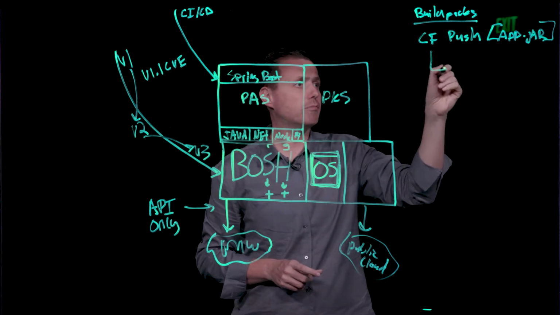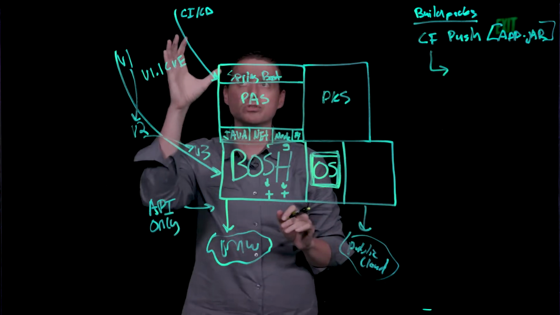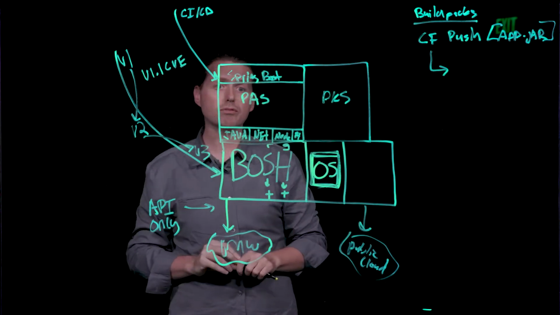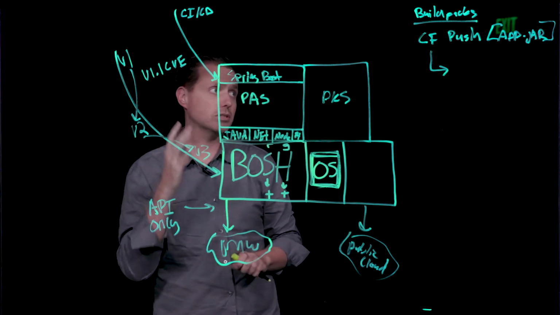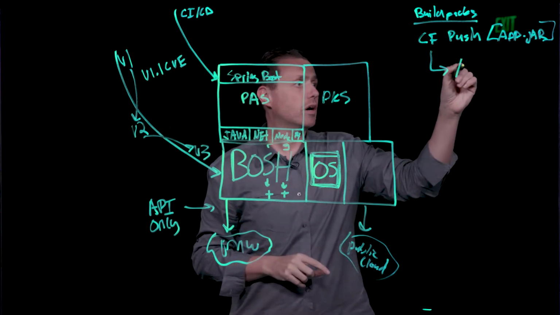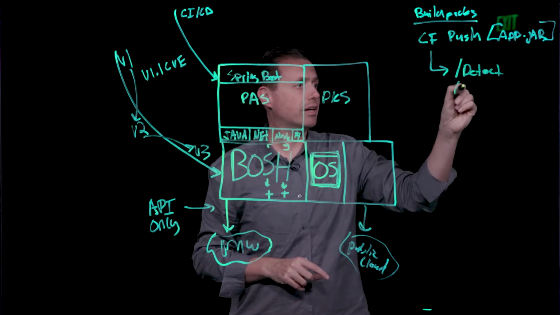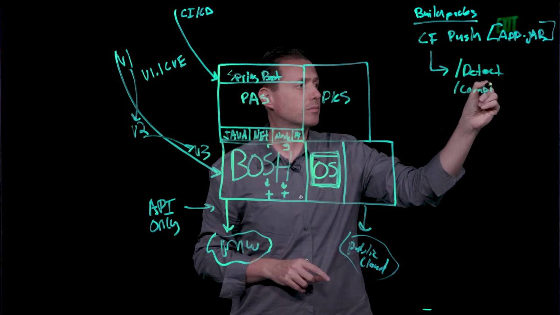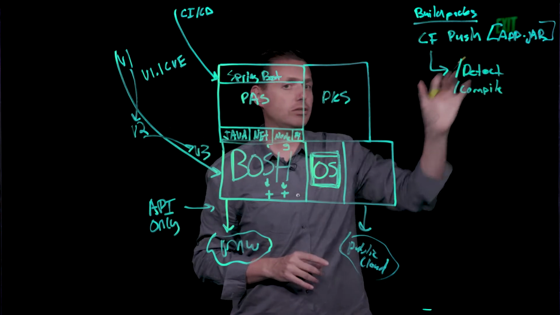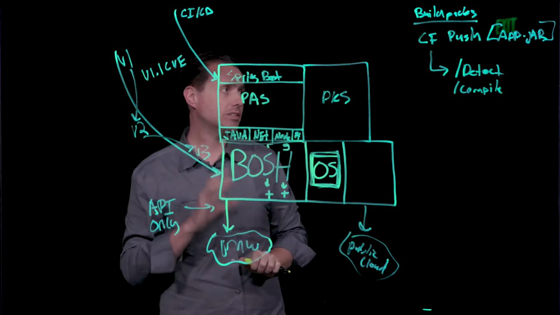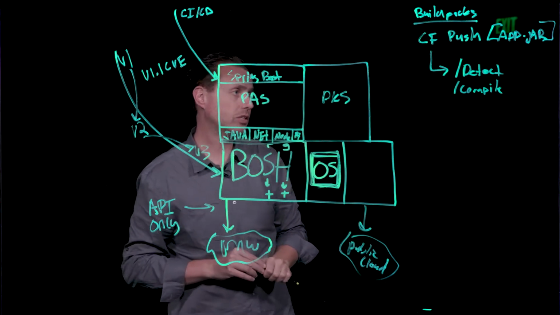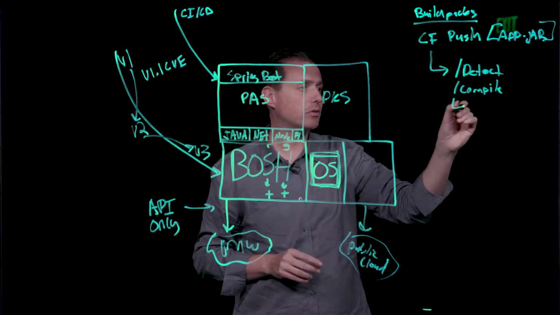What happens with cf push, as opposed to the end user who really wants to focus on delivering business value continuously in an organization, a process in the build pack runs detect and then compile. It says, oh, I see you've got this Java application. We know exactly how to configure that Java application to run. Let's go compile and create a container.